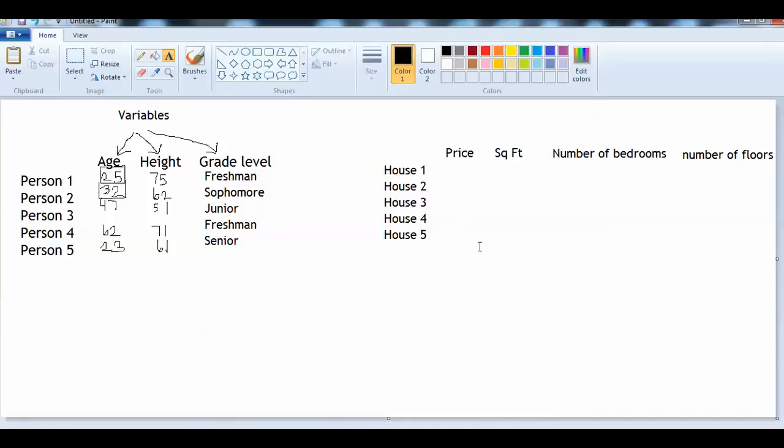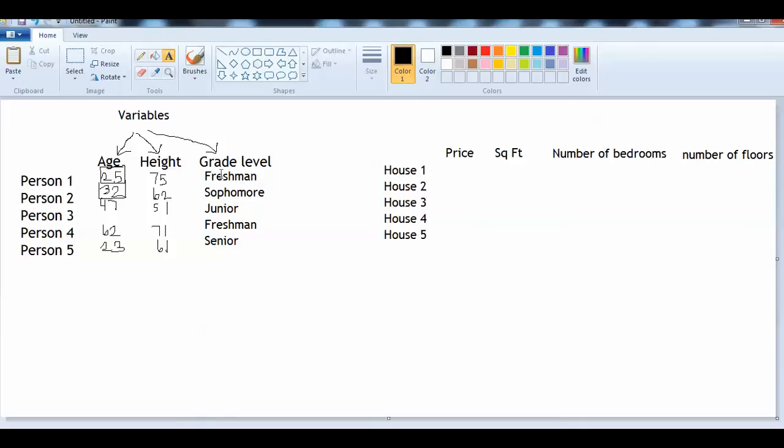The 20 pieces of information in here would be the 20 data values. So, once again, we have columns for variables, rows for participants or observational units, and cells or boxes for data values.